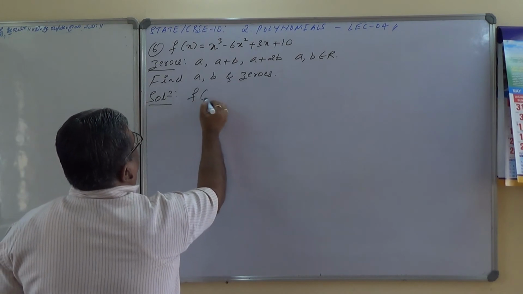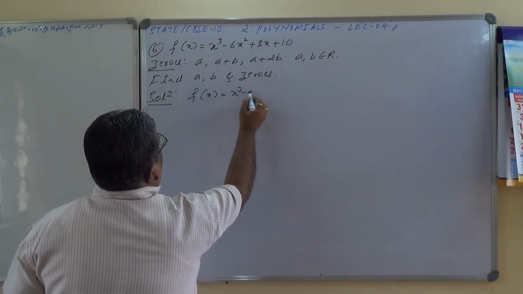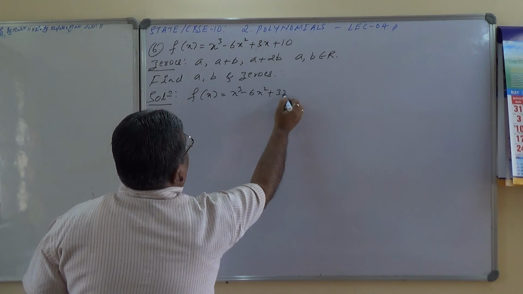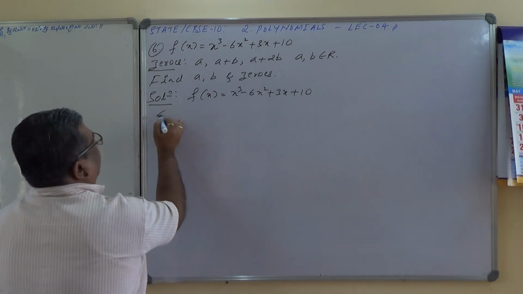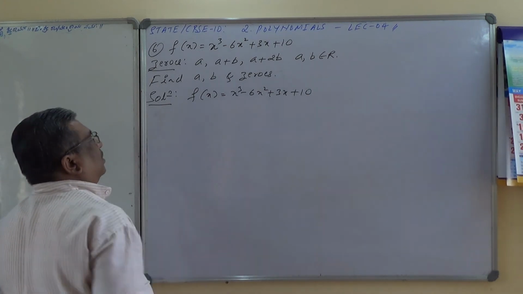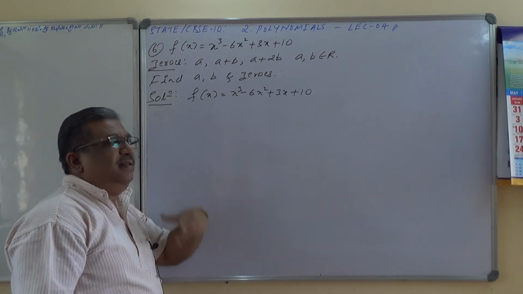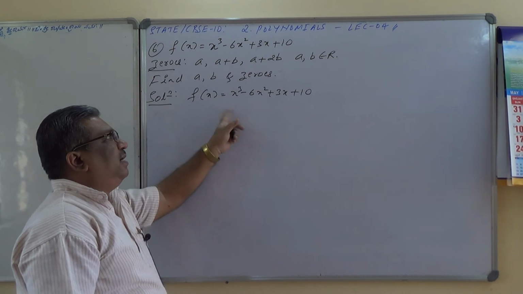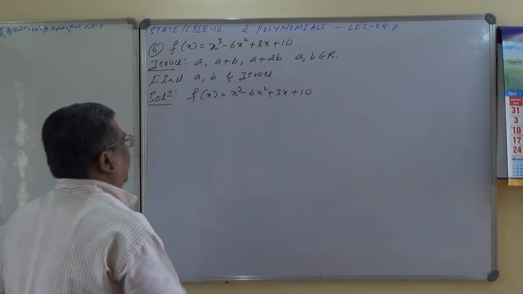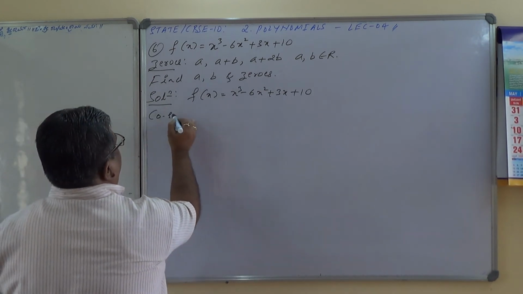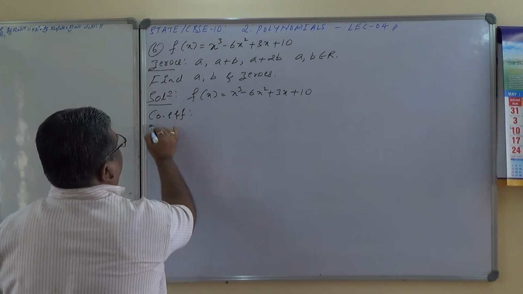okay, fx is given as x cube minus 6x square plus 3x plus 10. So again, in order to avoid the confusion between small a, b and the coefficients, I am considering coefficients as capital A, B, C, D. So here I write coefficients so that you will not get confused.